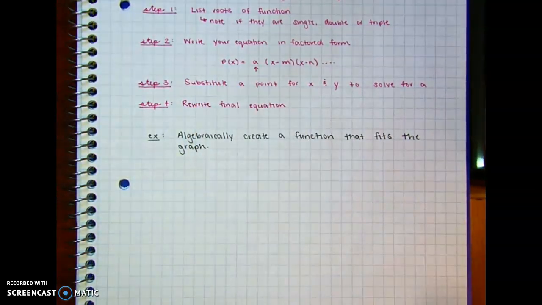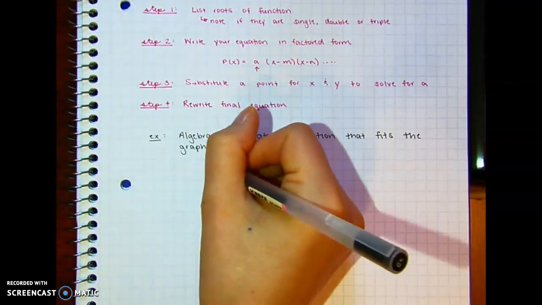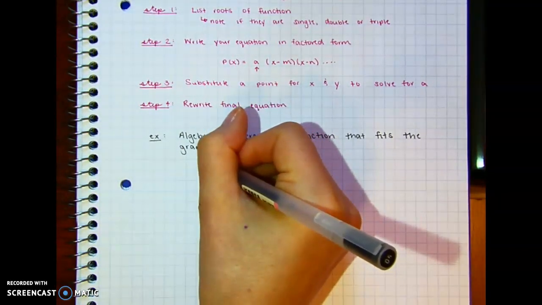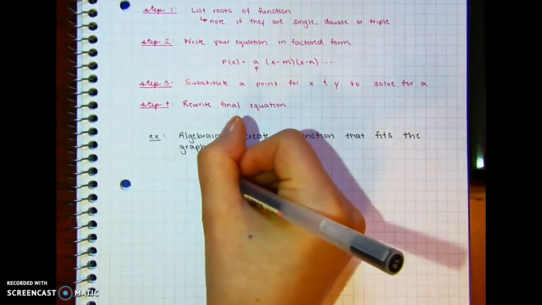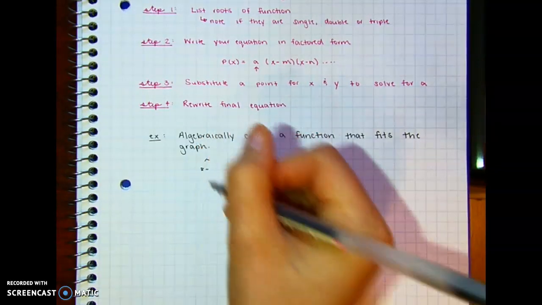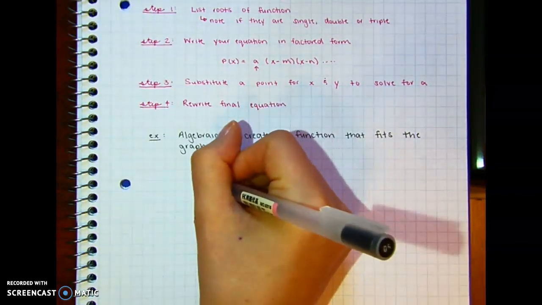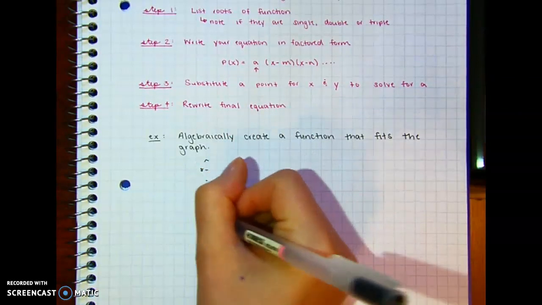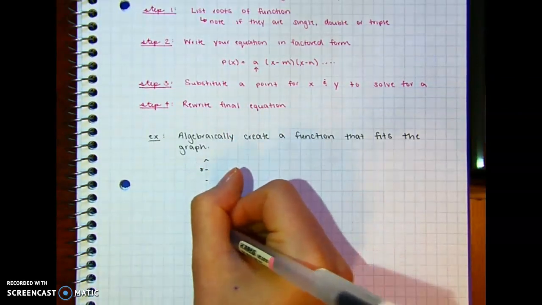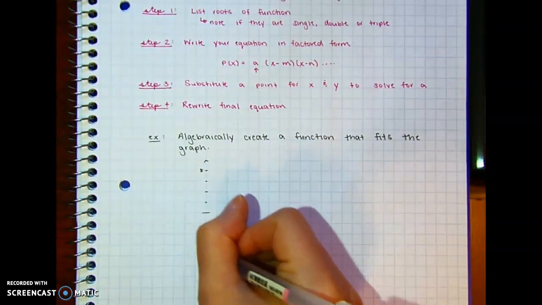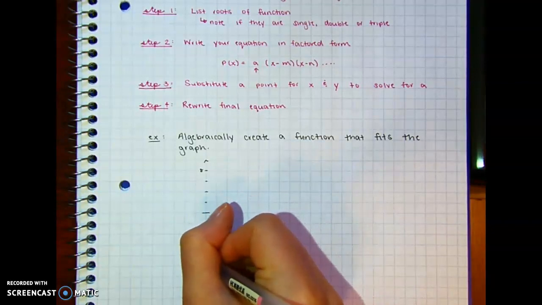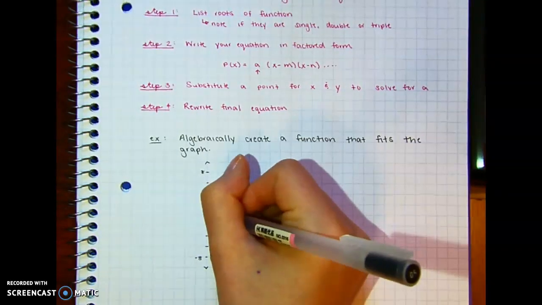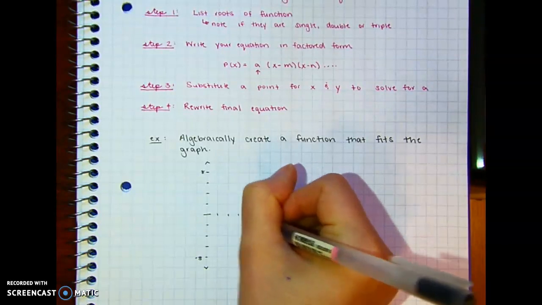All right, so I'm going to make my scale 2 so that I know I can fit everything. And we're going to go up to +8 and down to -8. So 6, 4, 2, 0, negative 2, negative 4, negative 6, negative 8. And 2, 4, 6, 8.